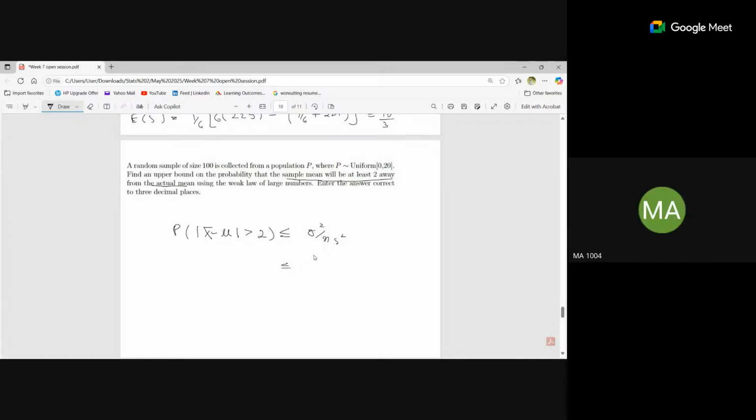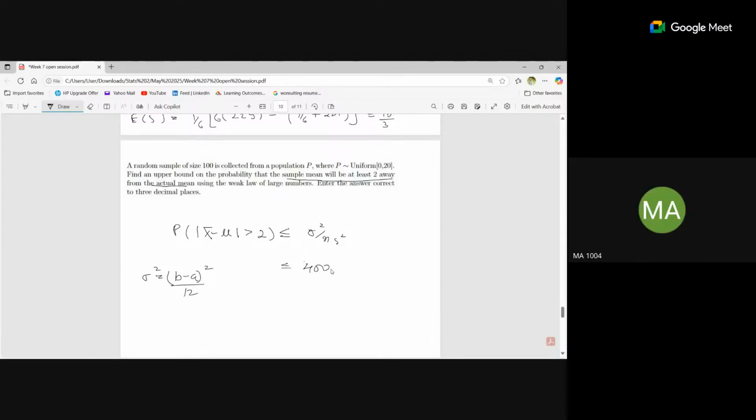Okay. So what is sigma square? It is b minus a whole square by 12, which is 20 square by 12. I have not solved it actually, I've just substituted that way, ma'am. Into 100 into 2 square.